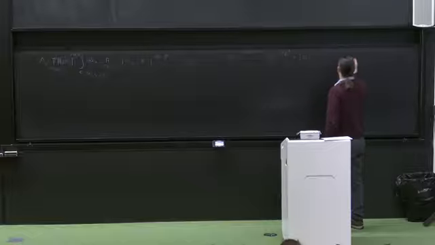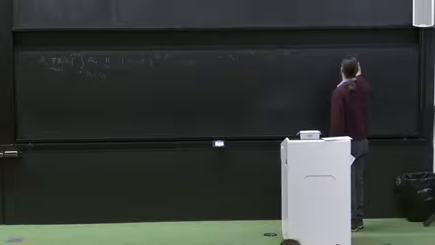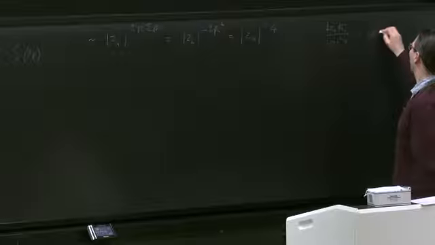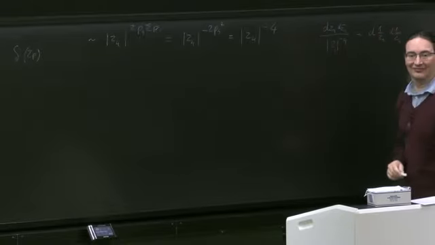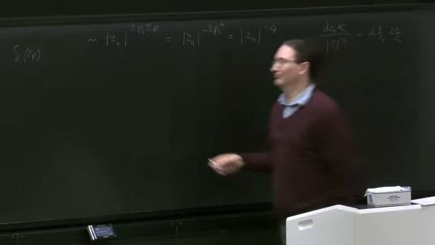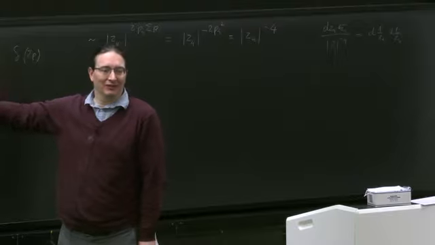And this is good because the measure d z4 d z4 bar over z4 to the minus 4 is actually the same as d(1/z4) d(1/z4 bar). So this is treating infinity as if it was any other point.